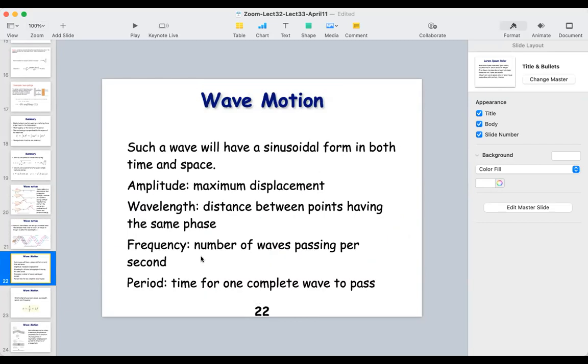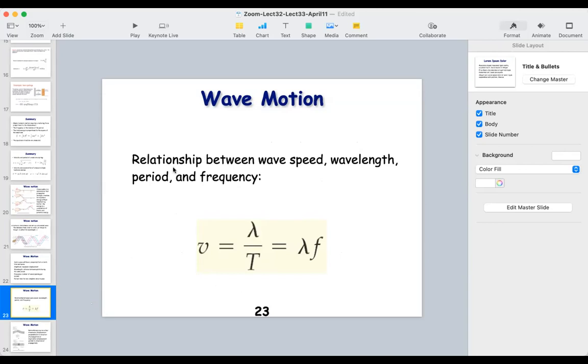The frequency is the number of waves passing per second. The period is the time for one complete wave to pass. Now the relationship between the wave speed, the wavelength, the period, and the frequency: the velocity is equal to lambda divided by T, which is also equal to lambda multiplied by the frequency. Again, period and frequency have the exact same definition as you saw before.